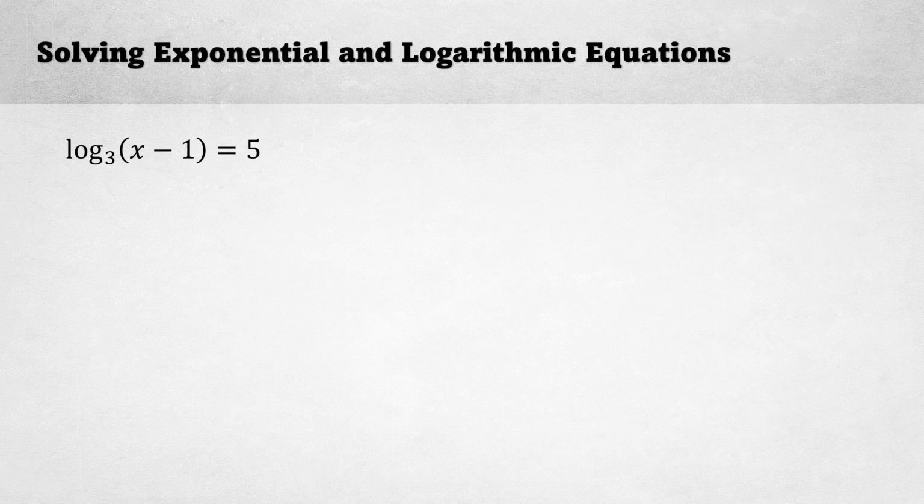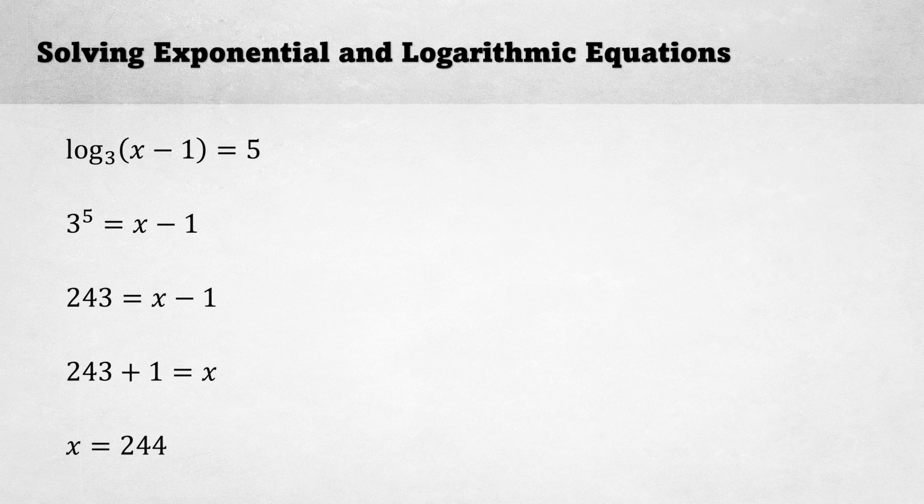Here's another example of a logarithmic equation. We can convert the logarithmic equation to its exponential form and rewrite it as 3 to the 5th equal to x minus 1. Raising 3 to the 5th, we get 243 equal to x minus 1, and adding 1 to both sides, we can solve for x and get x equals 244.